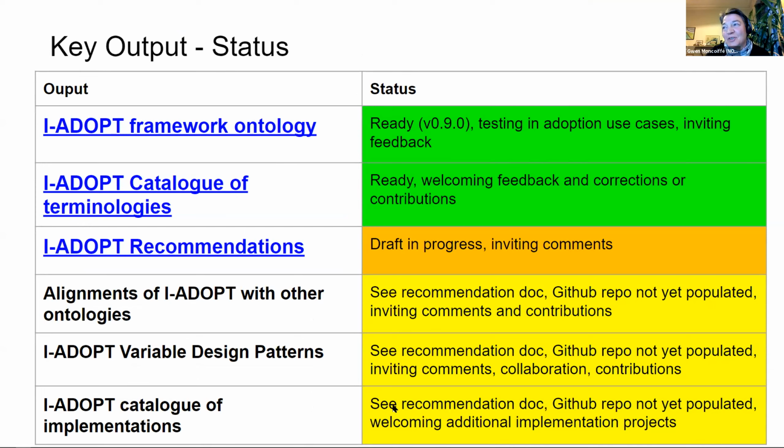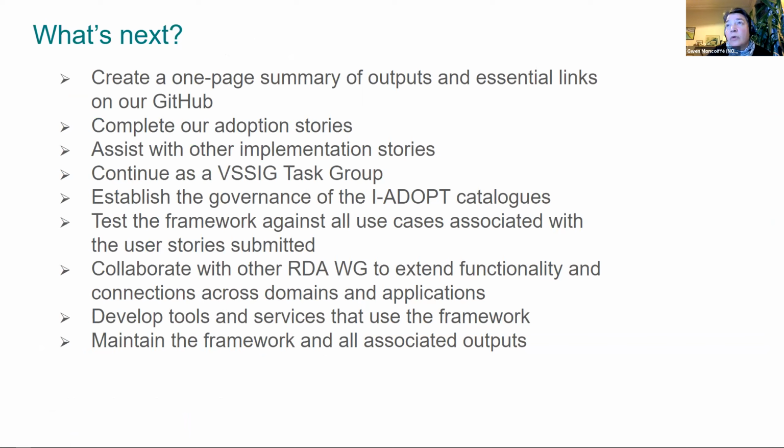So this is just a list of our output with the status. So the Idob framework is ready, and we hope to get feedback from people. And the catalog of terminology, same recommendation. It's currently in progress. And in general, we would like to receive feedback from people who were not regular attendants to our meetings.